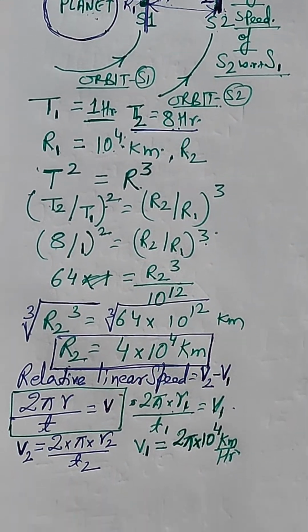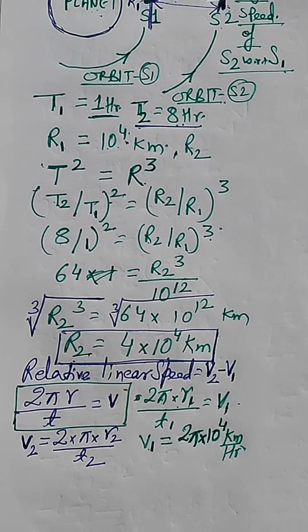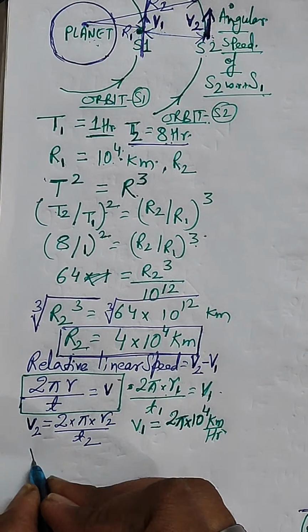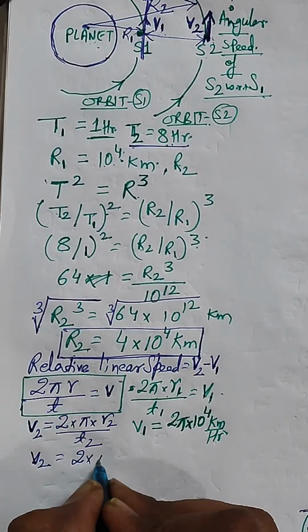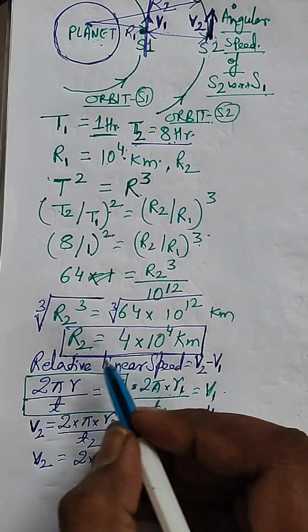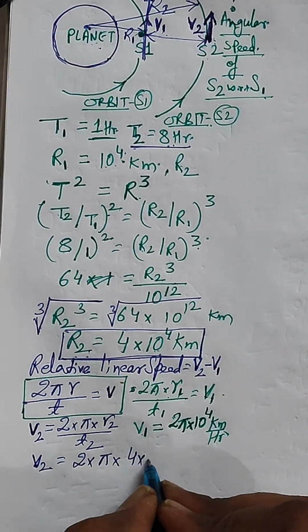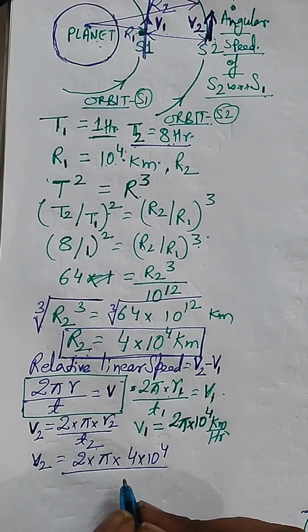So just put this value over here. v2 will be equal to 2 into pi into r2, and r2 is 4 into 10 to the power 4 kilometer, divided by time in hours.